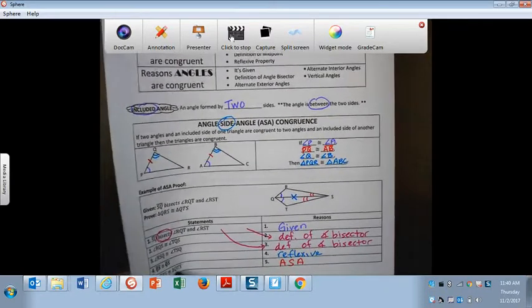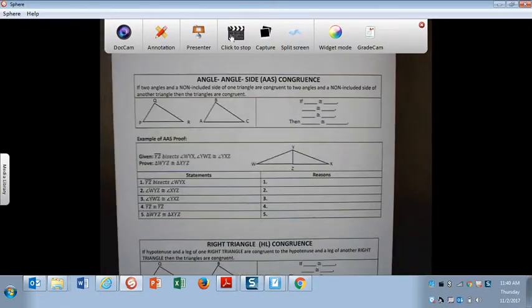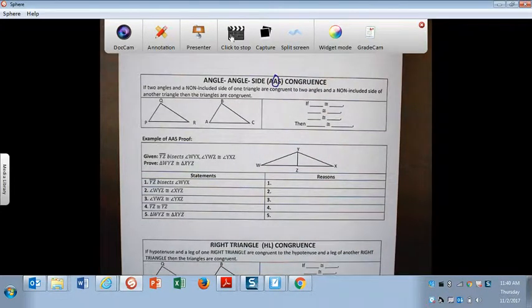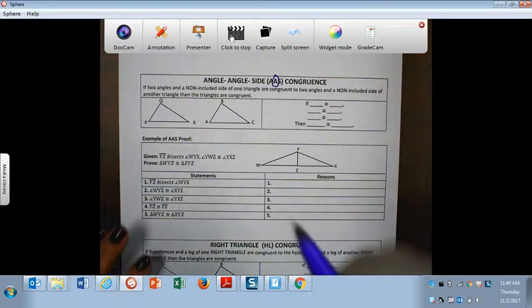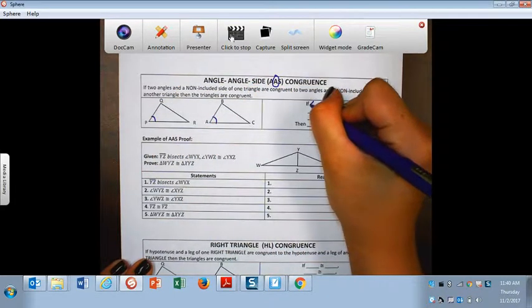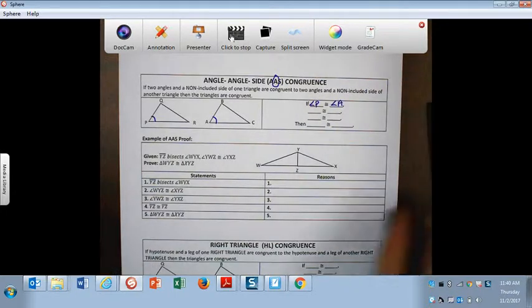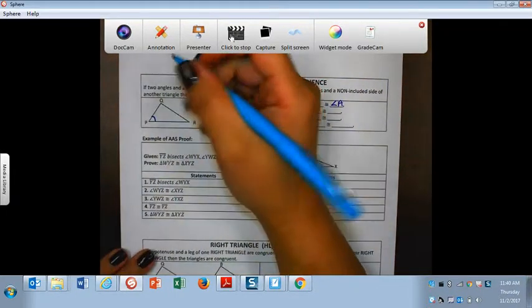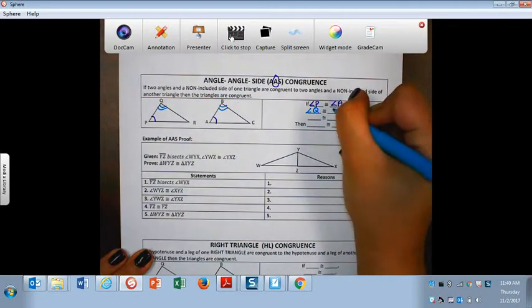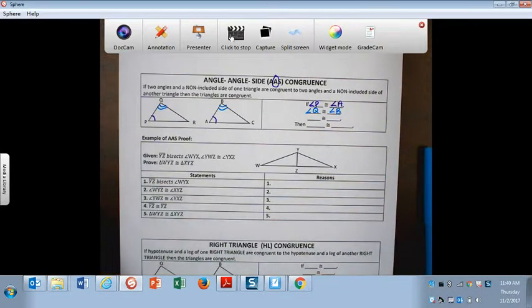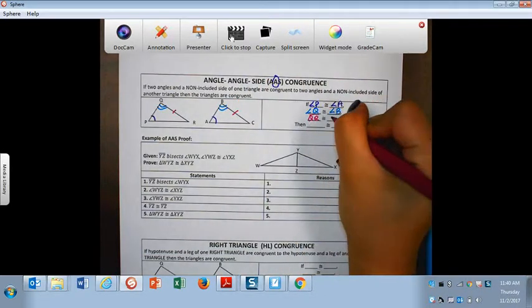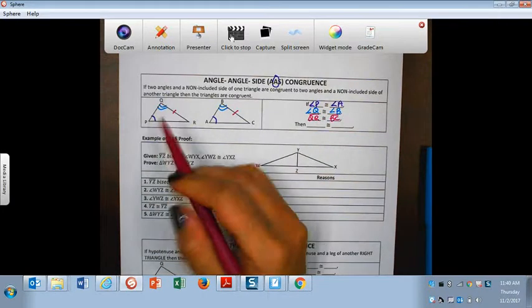Next thing is angle, angle, side. This time, what's in between is the angle. Let's look at this example. If angle P is congruent to angle A, and angle Q is congruent to angle B, and then we've got QR congruent to BC, now we've got angle, angle, side.